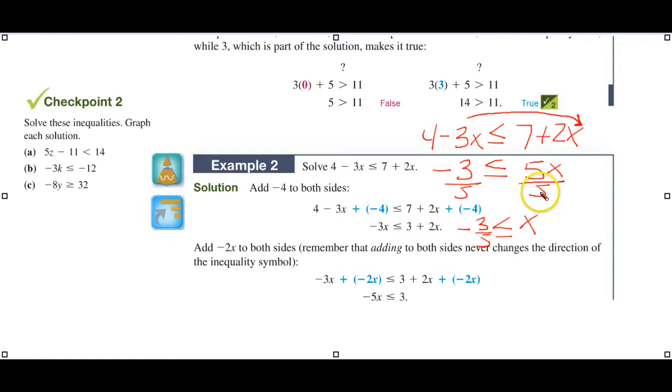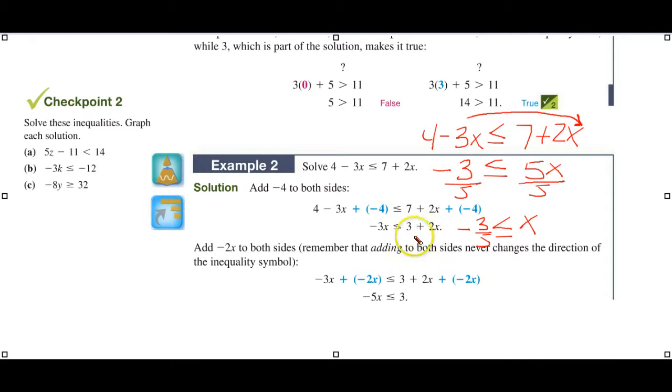by a positive 5. In the textbook, they're doing it a little different way. They're moving the 2 x's over to this side, and then the 3 is over there.